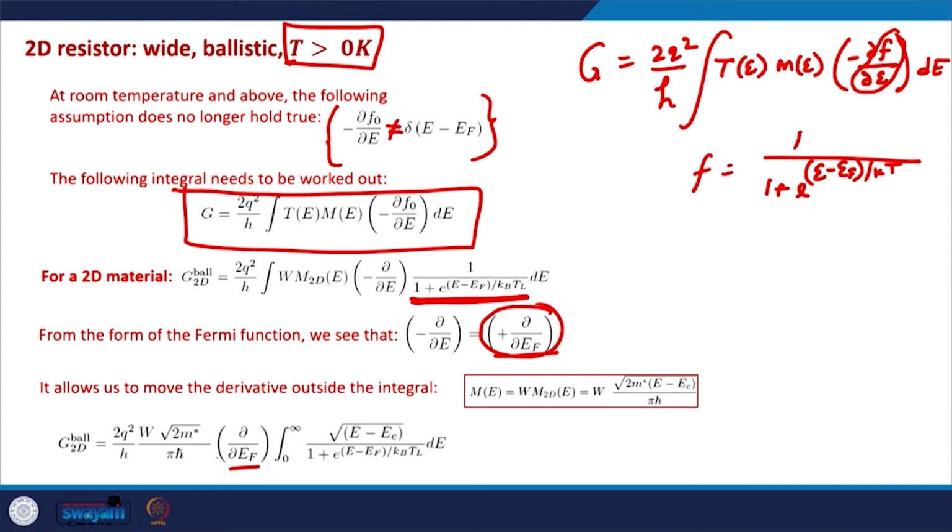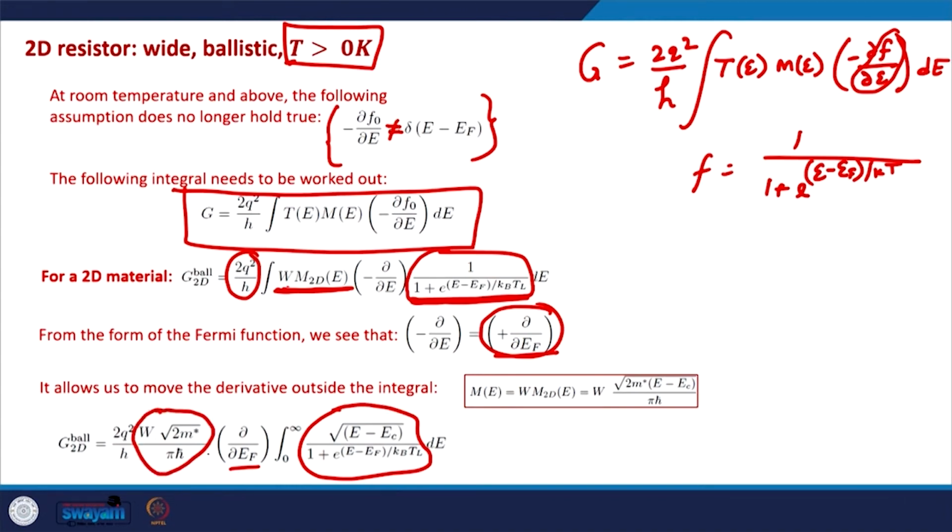So this constant is outside, and inside the integral we are left with terms involving this M2D function, this number of modes in a 2D conductor, and this Fermi function. Apart from these terms, these were constants, and these constants come out of the integral.